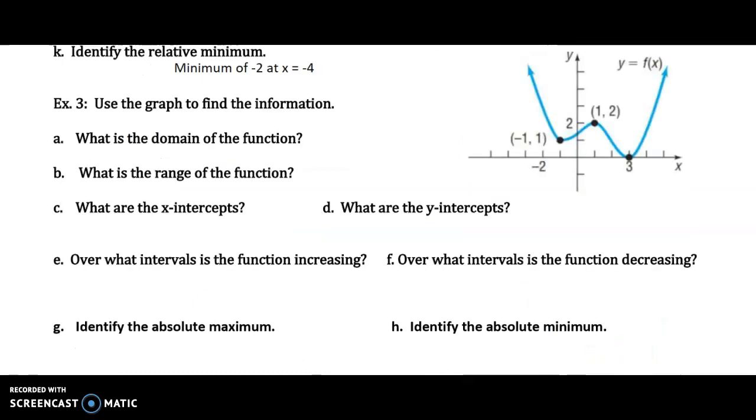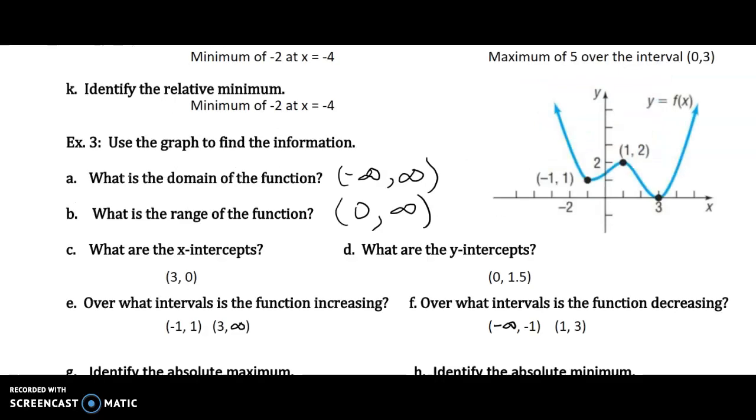Okay, so let's really get a gauge of where you are in understanding this material. Let's see what you could do with example number 3. And when you're done, go ahead and unpause the video and check your answers. All right, so for this function's graph, the domain exists from -infinity to +infinity, again because of the arrowheads.